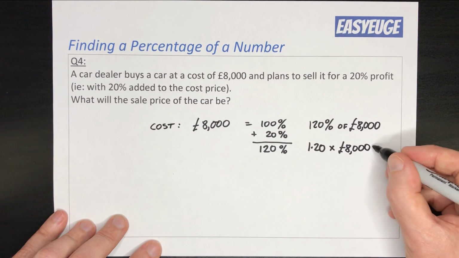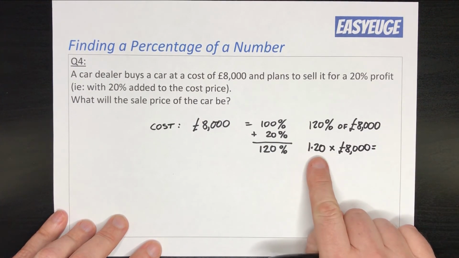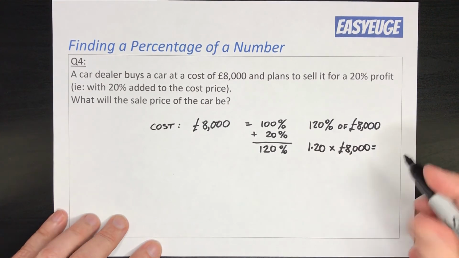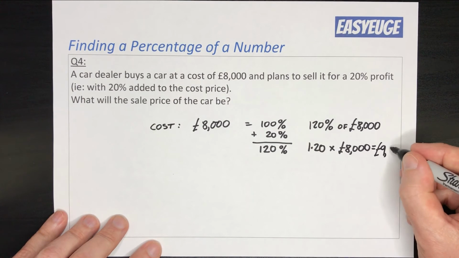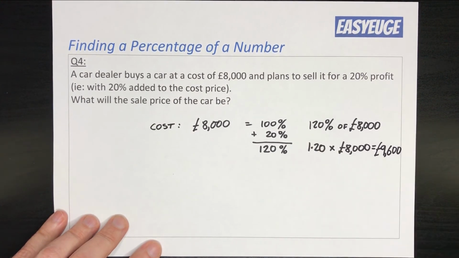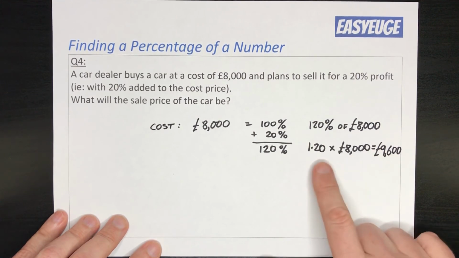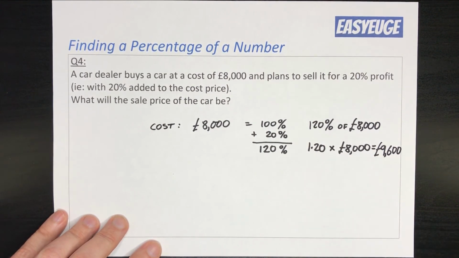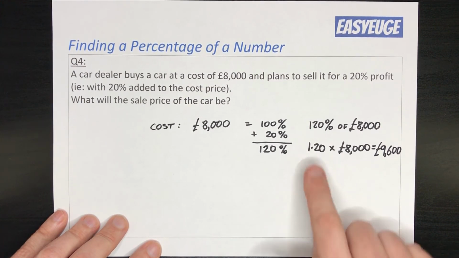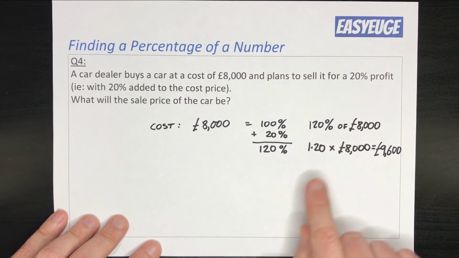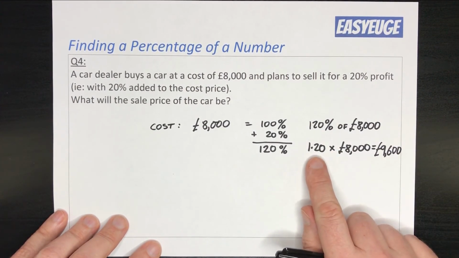And if you put that into your calculator as 1.2 multiplied by 8,000 and press equals, your answer will be 9,600. So that is the sale price of the car, which is the cost price plus the 20%. So to add percentages on to something, you can multiply it by 1 point something. So to add on 10% to something, you would multiply by 1.1. To add on 20%, you would multiply by 1.2.